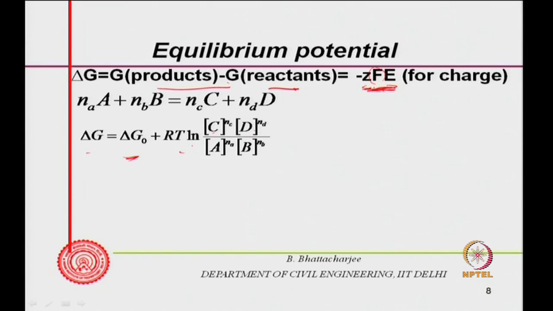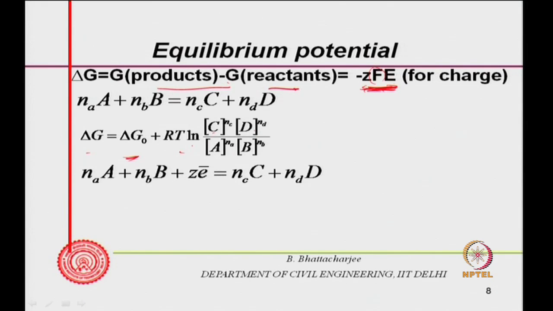So, Z multiplied by F will be the total charge associated with 1 mole, and E is the potential for unit charge. So E multiplied by the total charge is the energy, the work done, and can be related to delta G. When I am dealing with charges it will be ZFE.